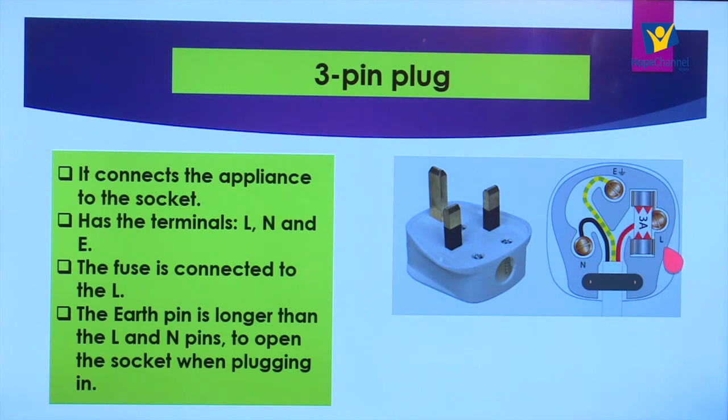And again, now you can see the fuse is put on the live. So that's why we're saying that the fuse is connected to the live, and then we have the earth at the center. Of course, the color coding again tells us that that is the earth because of the green and the yellow colors.